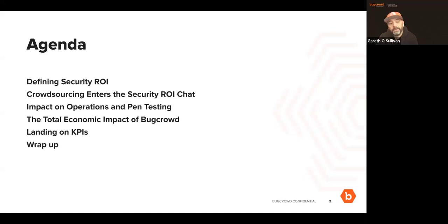We did some research with Forrester recently, and that enables us to build a framework for understanding the total economic impact of bug bounty as well. Then we'll take a look at some KPIs. Like I said, if we get some time, we can take a look at the platform itself. I don't know if we want to answer questions on the call today. We can maybe do that too, and then we can wrap up. So that's today's agenda.